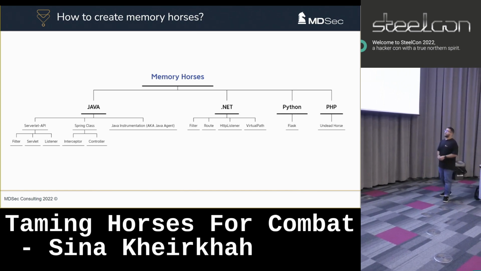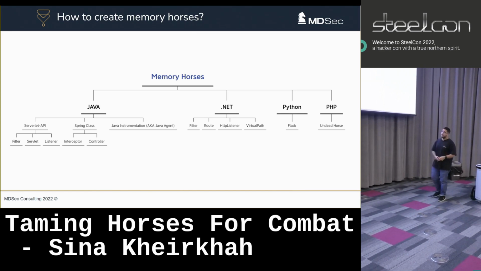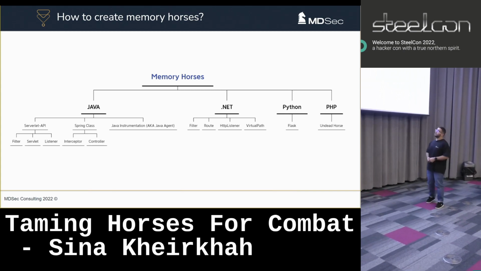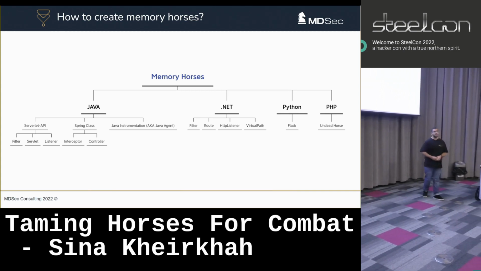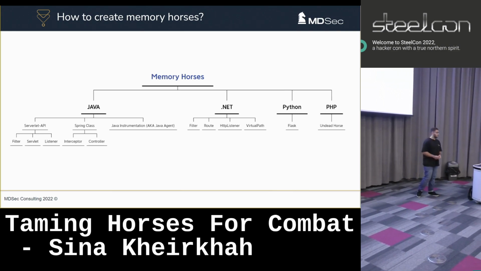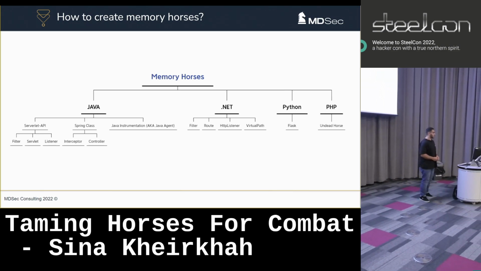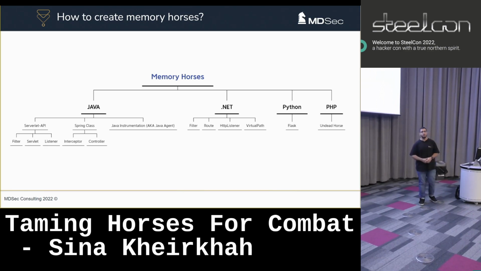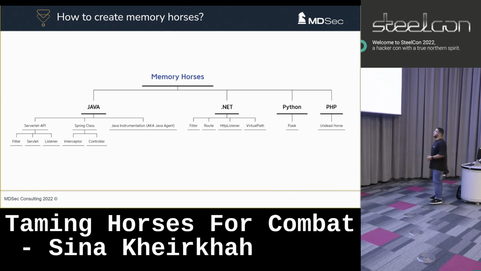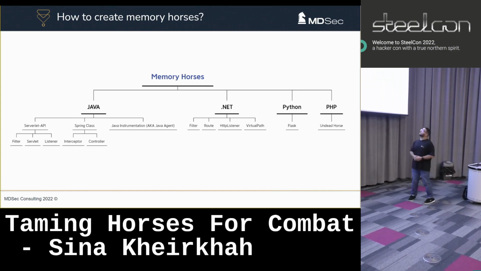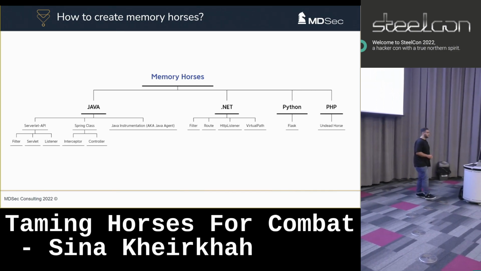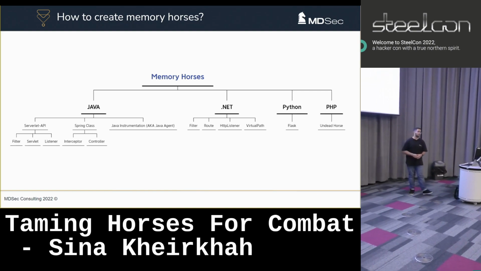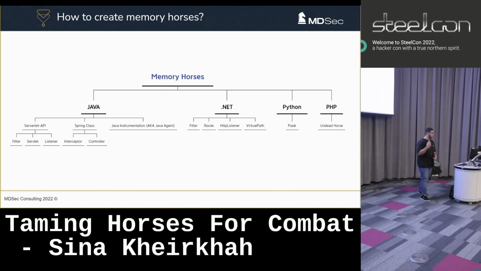When it comes to Spring, we have two other components, a little bit different but the same concept with different names, interceptor and controller. It can be more advanced, where you use Java instrumentation to inject a Java agent during the runtime, but that is a bit difficult. And for .NET, we have filter routes, HTTP listeners, and virtual paths, and with Python, I couldn't find the name, so I just put Flask.